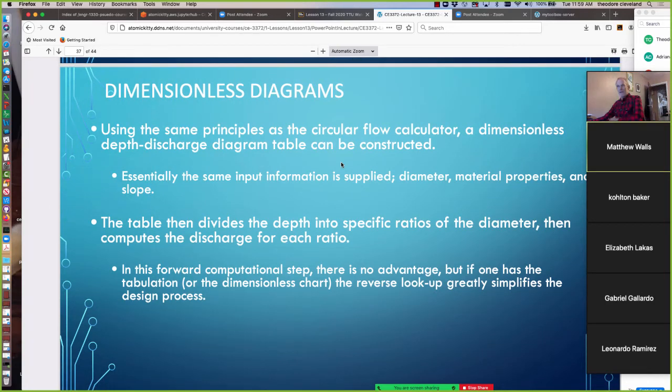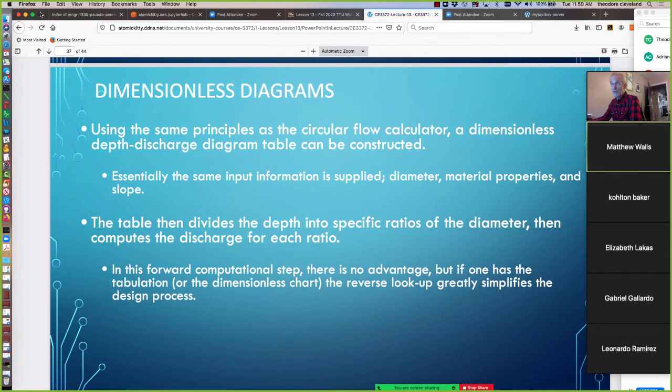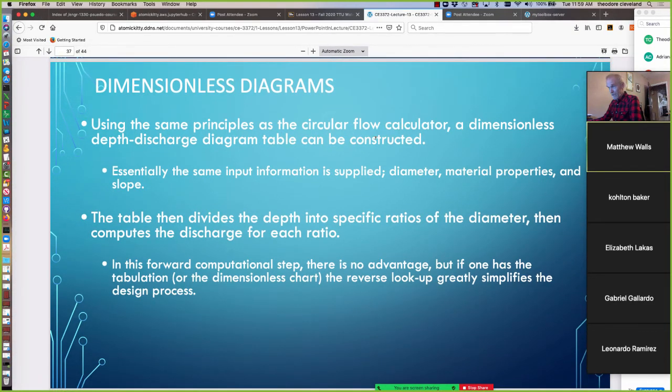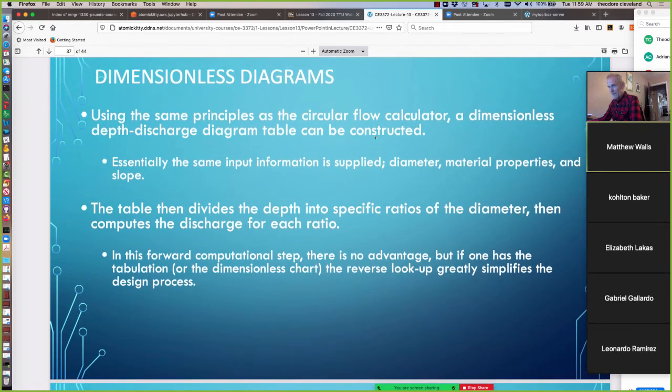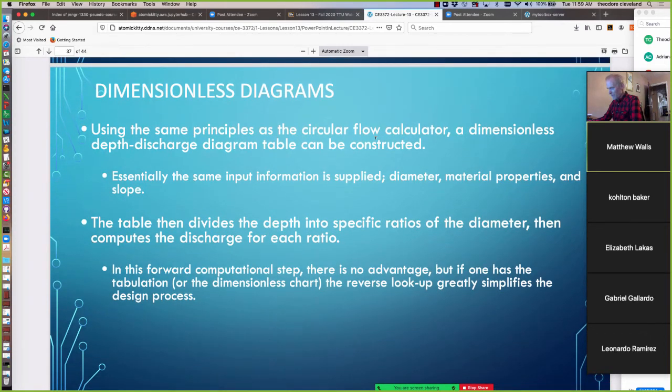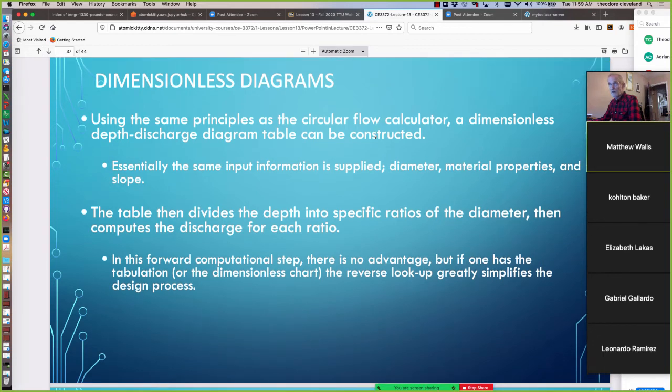And now we get to the dimensionless diagrams, which I think are very useful. And we will go over those a little bit. This is admittedly old school compared to what you're all used to, and I'm making an assumption here that you're in your early 20s and you kind of grew up with computers.